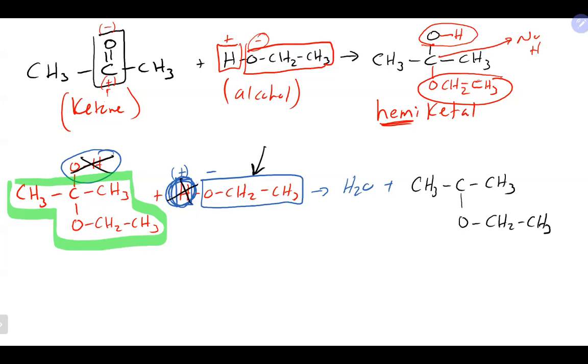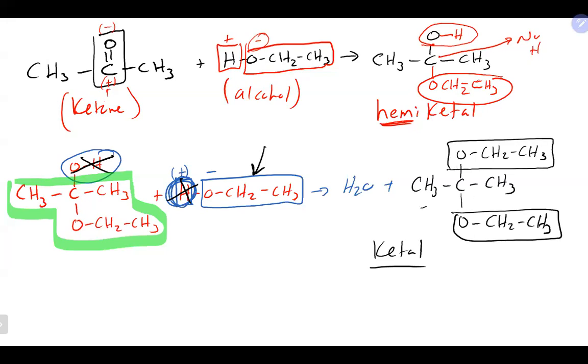So that leaves just what's in the box to end up on top. And this is what is known as a ketal. So kind of like the other one's an acetal. This is sometimes referred to as a ketal. Again, some people will call the top guy a hemiketal and the bottom guy a ketal. The ketal has two oxygen carbon groups. And once again, no hydrogen on the carbon that's there.